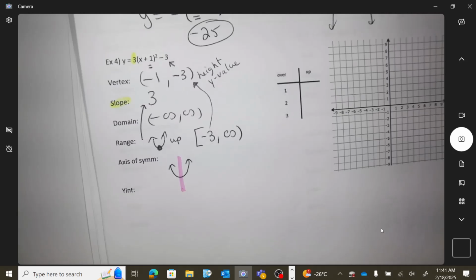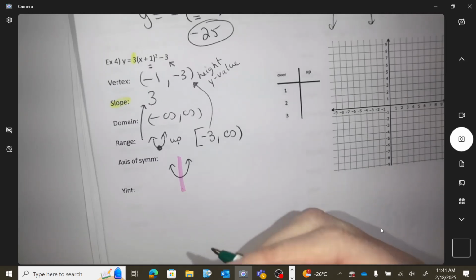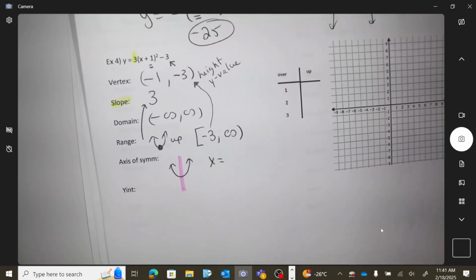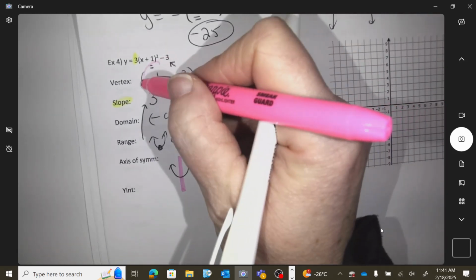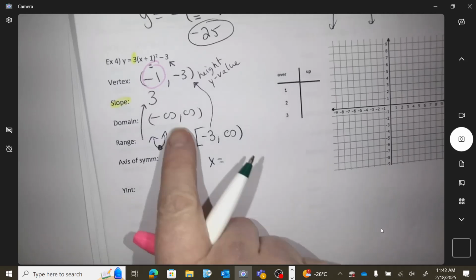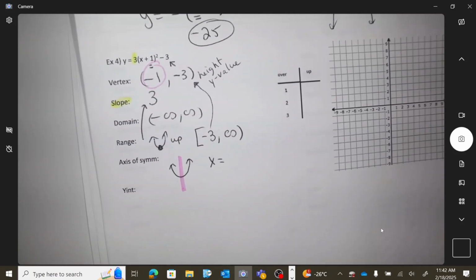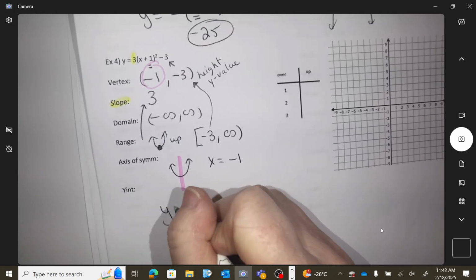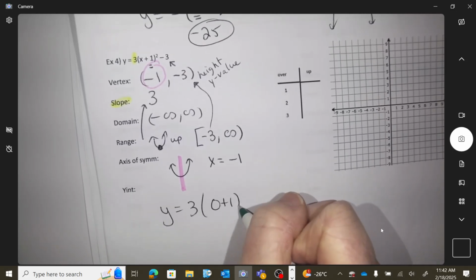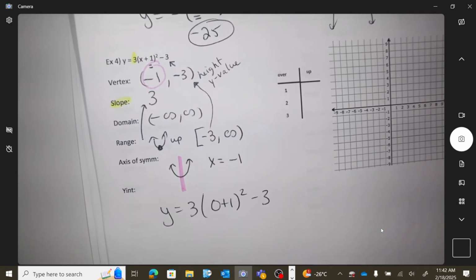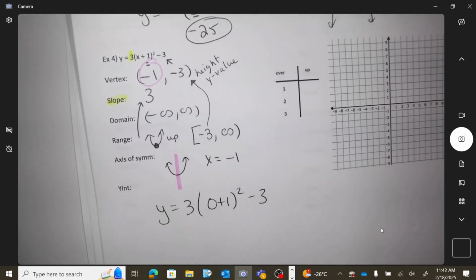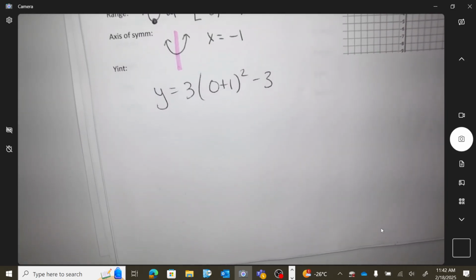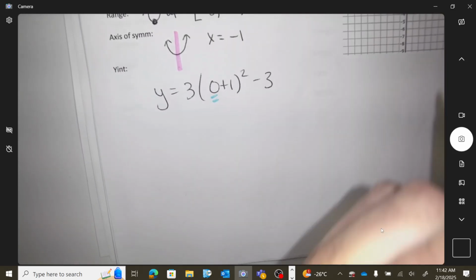Axis of symmetry. If I could cut that thing in half like that, vertical would be x equals. And where do I find the x value I go through? I'm going to cut it right through -1. And the last question of it says, what's the y-intercept?